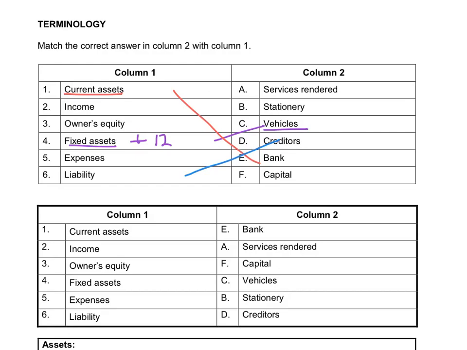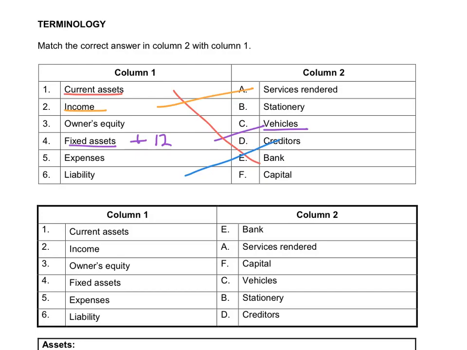Then we have income and expenses. Income are the things that will increase our profits and that will increase the equity. So services rendered means that we render a service, like a hairdresser or a plumber or electrician, to obtain an income that will increase their money.